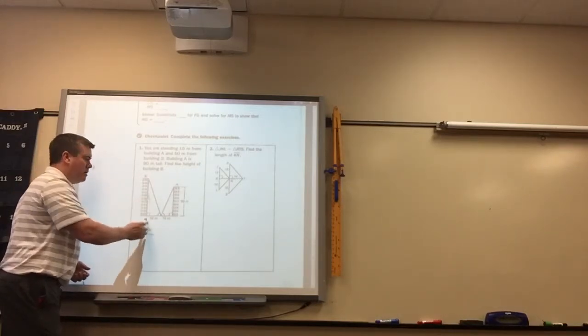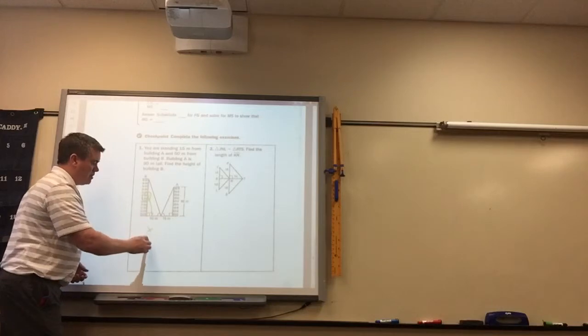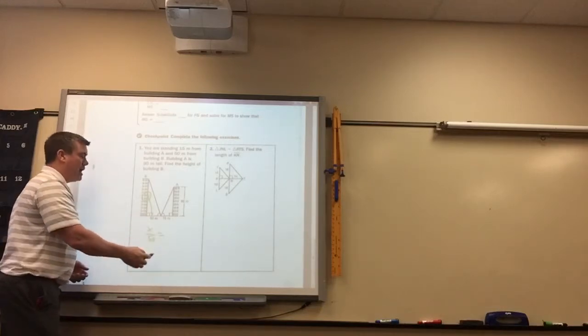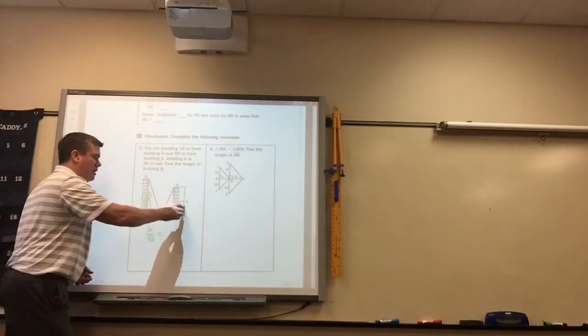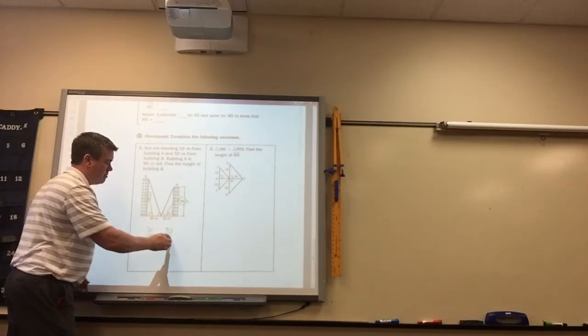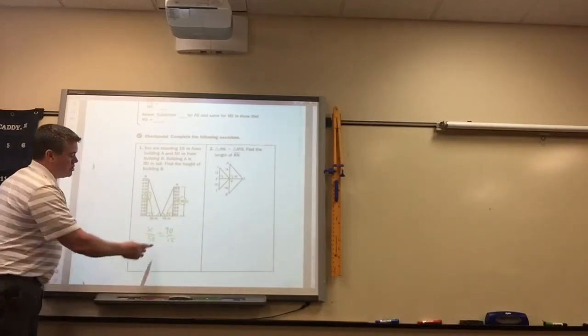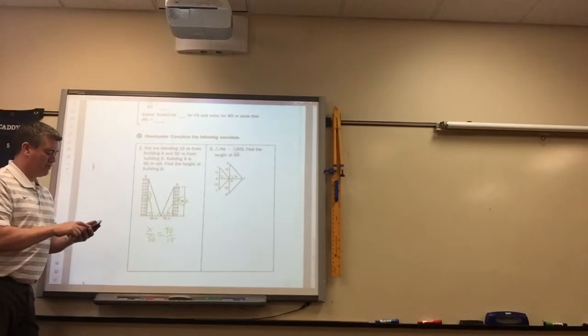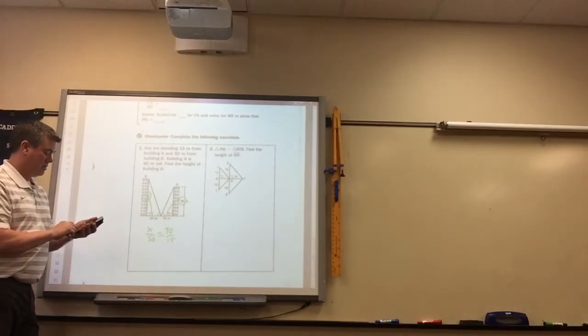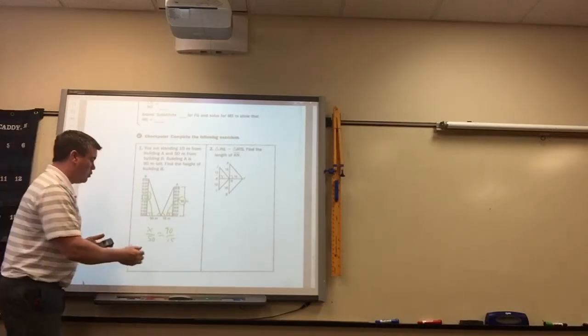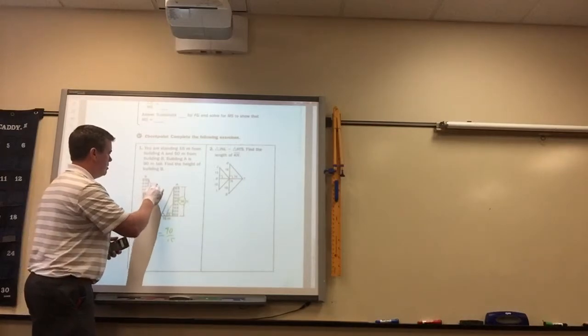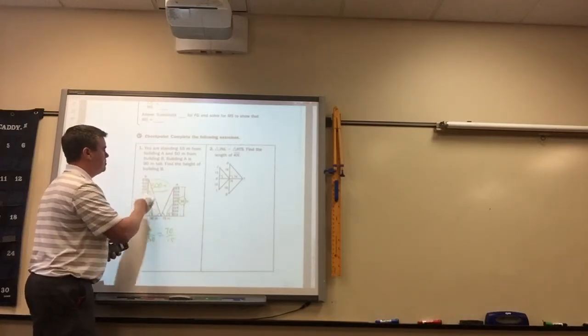It doesn't matter. If I go X to 50, I would have to go what to what? 90 to 15. So it's just 90 times 50 divided by 15. 300 meters.